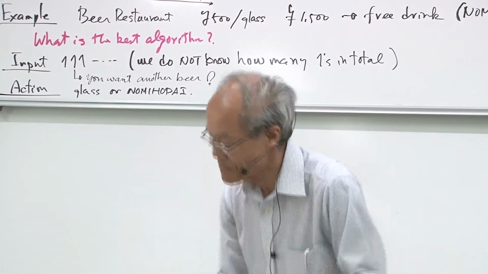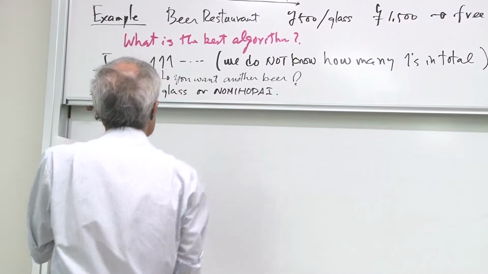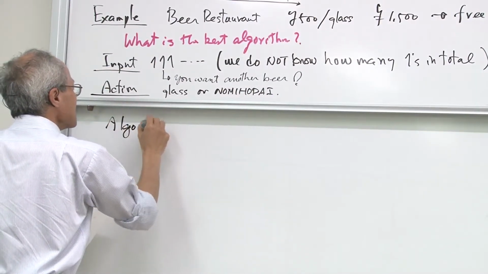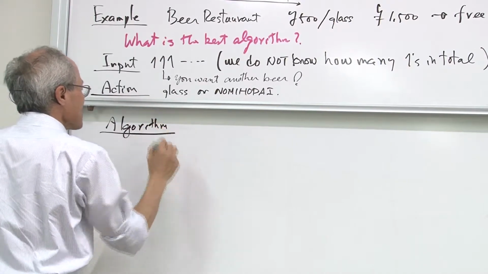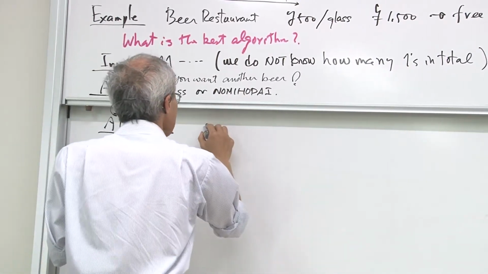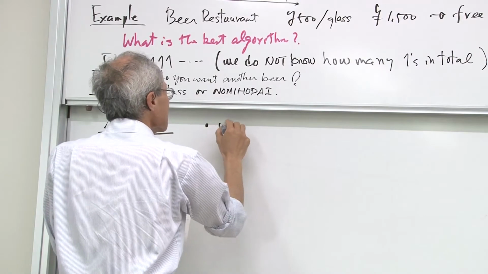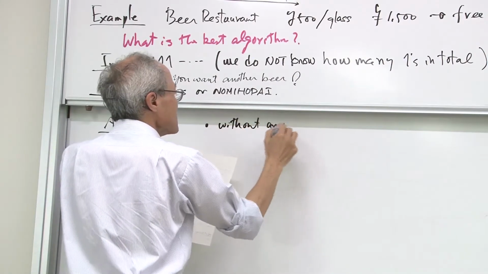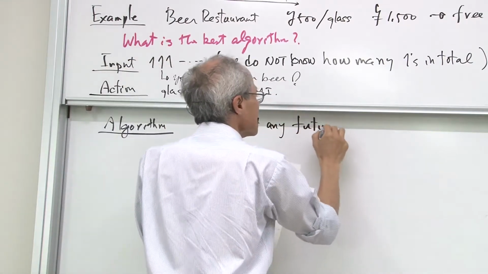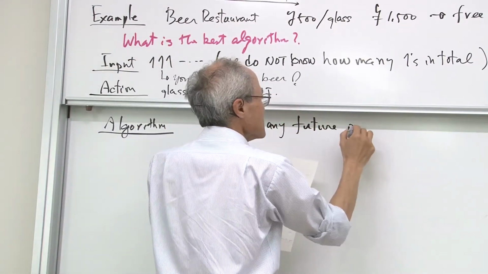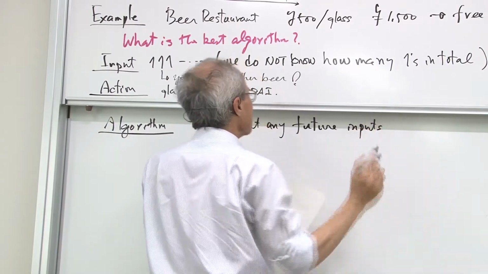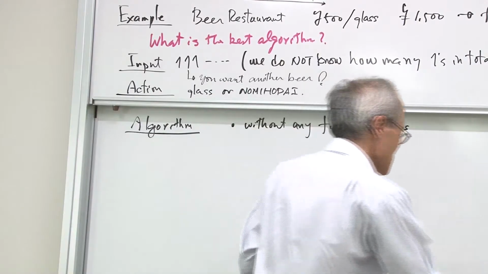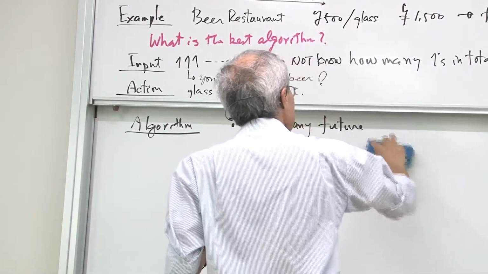Because this online algorithm has 2 requirements.